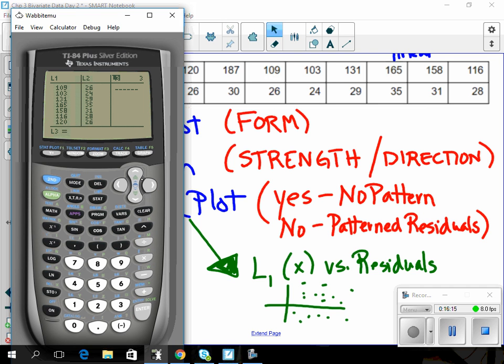Does anyone remember where we found those? I think if I remember, my calculator up here doesn't have the option and only some of them do. Is that correct? It's in list, but only some of them have them. So it depends on the version of the calculator. I believe mine did. Okay. So if you go to second list, go to names, only some of the calculators had that on there.